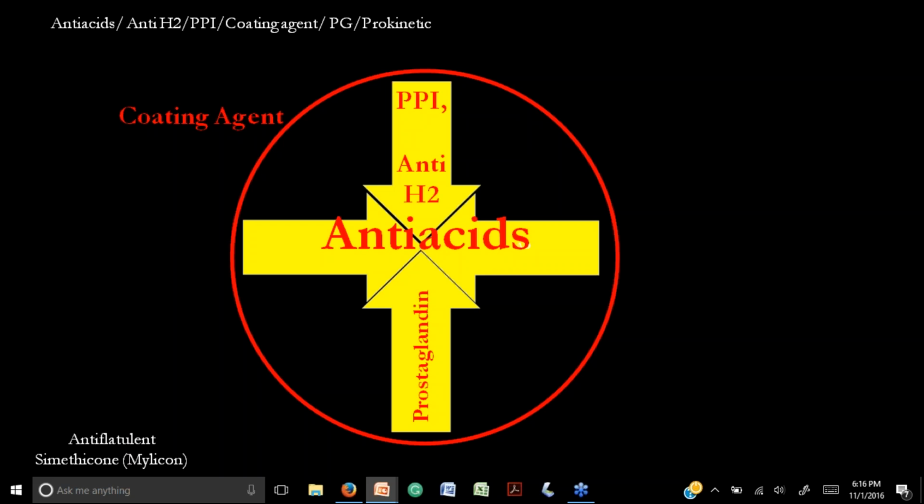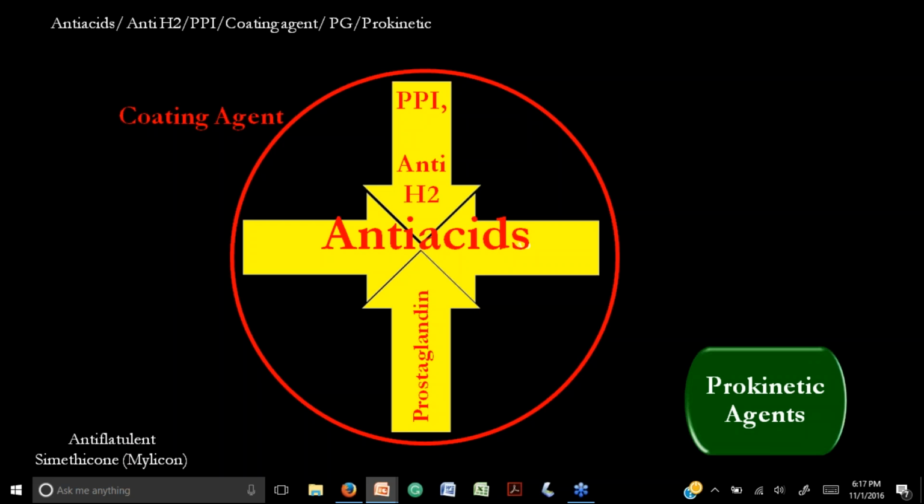So when you take it, the calcium is absorbed, and that decreases the effect of these coating agents very fast. That is going to produce more gastric acid at the end. That is what we call the rebound effect.